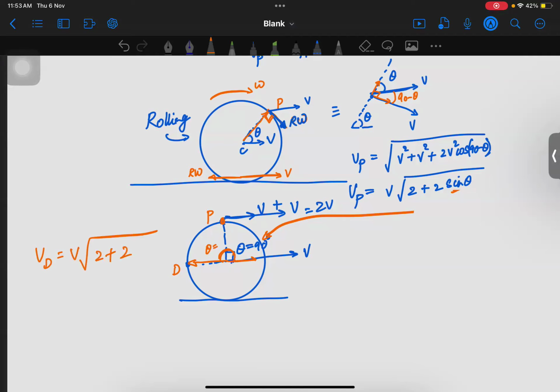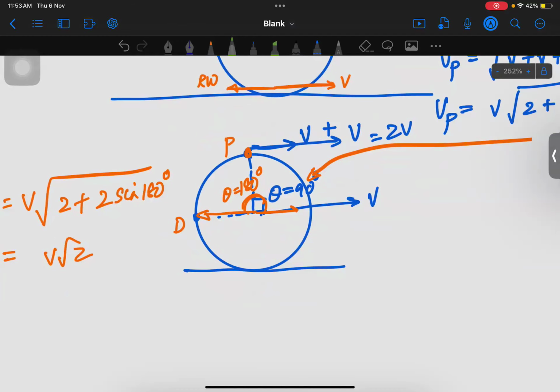Theta here is 180 for the D point. Sine of 180 is how much? 0, which means it is V root of 2. The other way of observing is that with respect to the center, the D will have R omega this way, which is V this way, plus the velocity of the center this way. So the resultant would be V root 2 at 45 degrees to the horizontal this way.